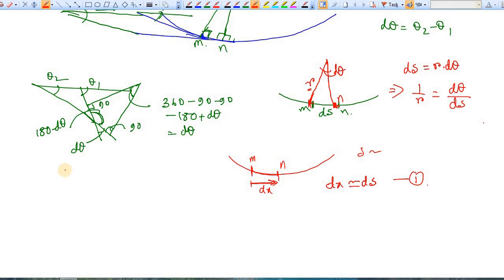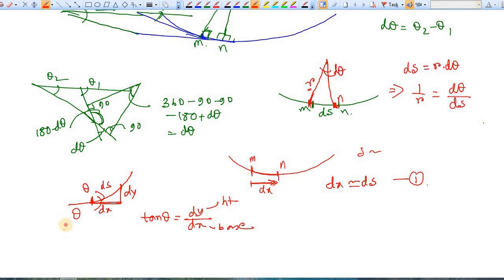Not only that, when we measure, if this is your curve, this is ds, so let's say this is dx and this is dy. So at this point, if we take any tangent, let's say it makes theta, so tan theta is simply dy by dx, height over base.